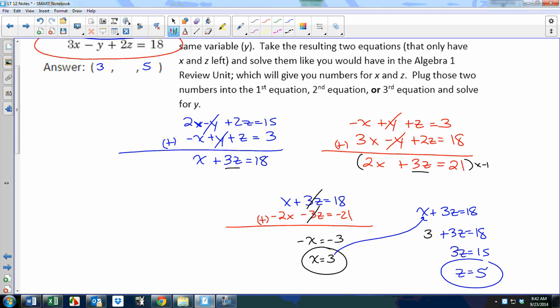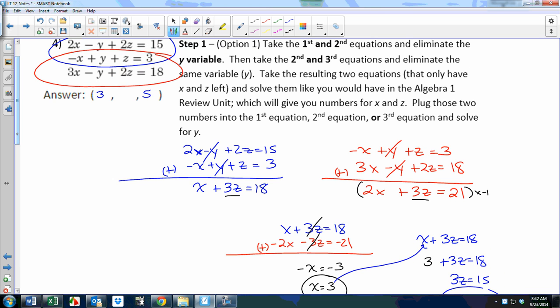All right, how are we going to get the last one? We had a plan. Take those two numbers and plug them back into any of the original equations. Any of them. Take your favorite. Does not matter. I like the one that already has a positive y, plus it also illustrates something else. Negative x plus y plus z equals 3. If that says in the equation negative x, then you need to change our 3 that we're going to plug into it to negative 3, the opposite of x.